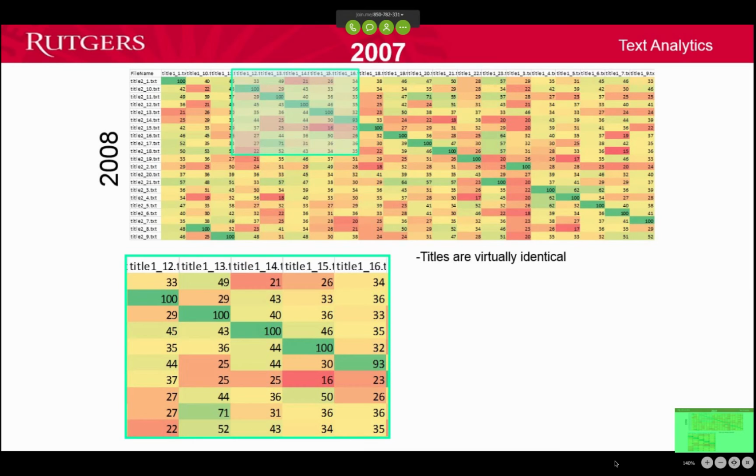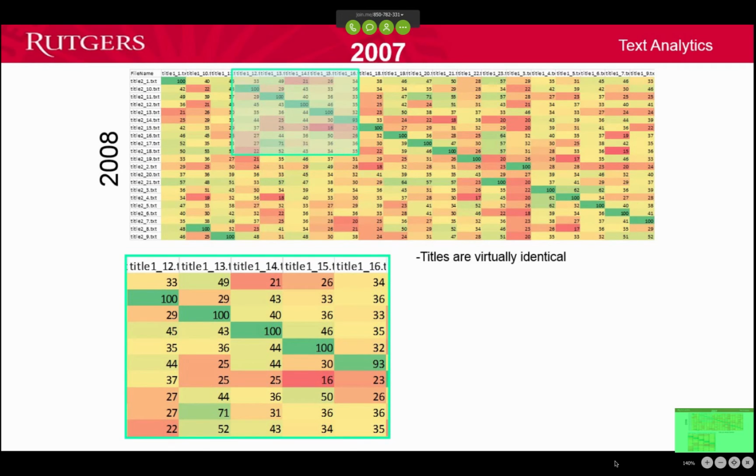So as long as each title has at least 100 somewhere, it means it matches with another risk in the other year. In this example, Title 2 in 2008 is the same as Title 1 in 2007. They're the exact same risk. But Title 2 doesn't really match with any other risk, which is fine.